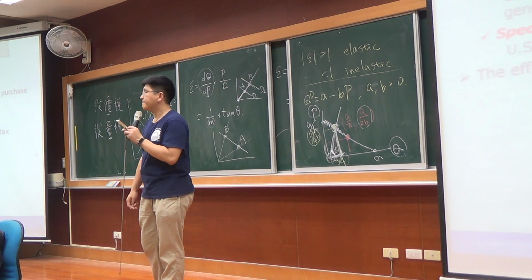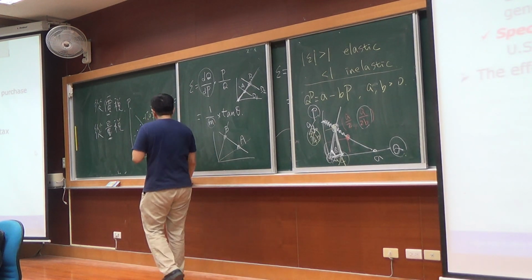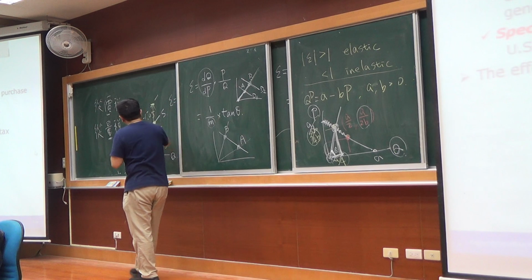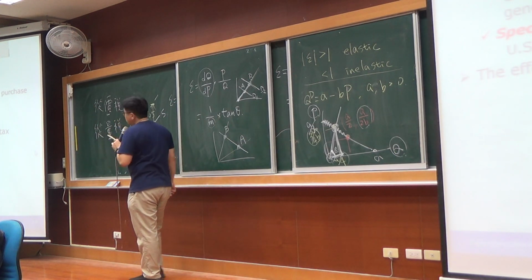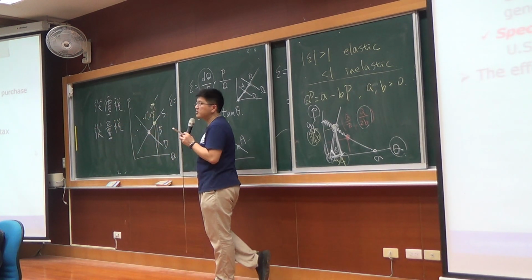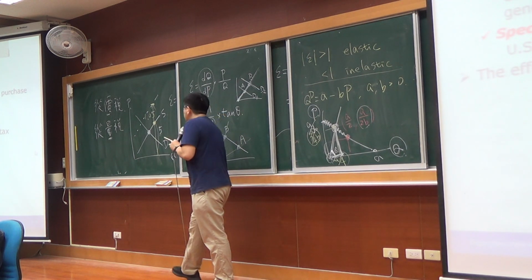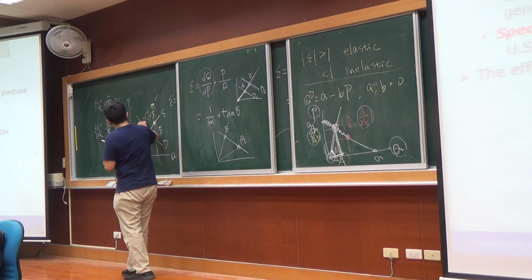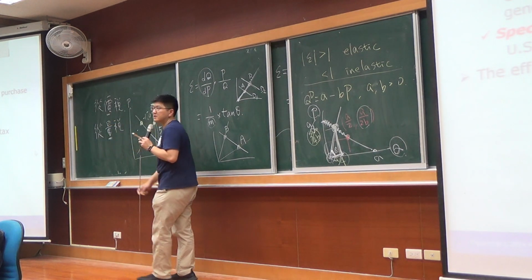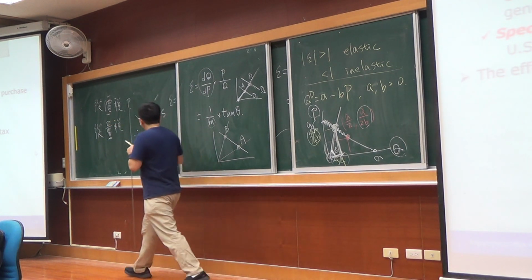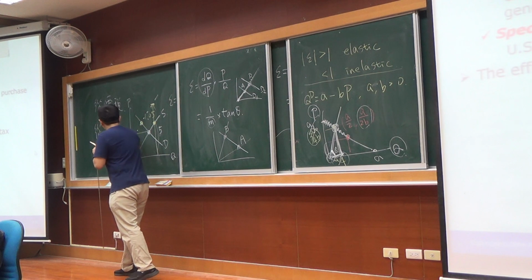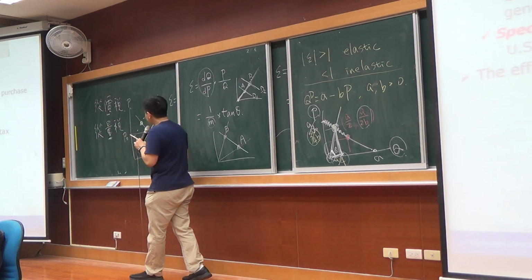Okay? And without the tax, the original equilibrium is here. With the tax, the new equilibrium will be here. So this is the original equilibrium price.